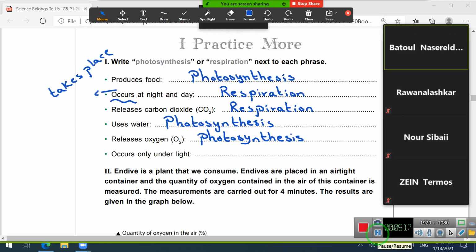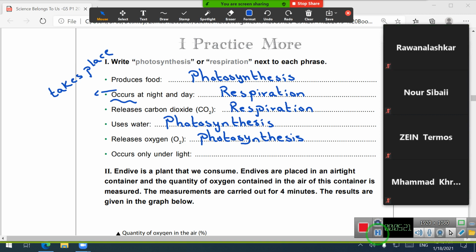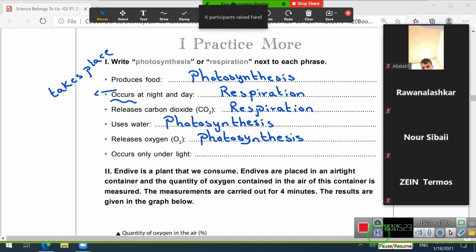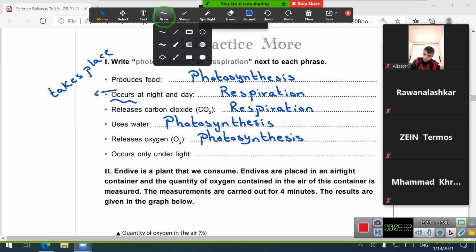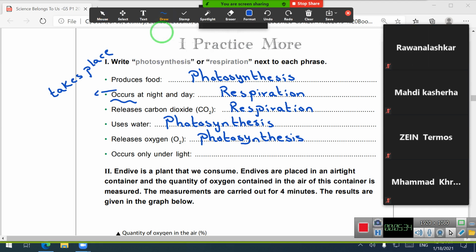Which one takes place only under light? Photosynthesis. Excellent, Noor, mute yourself again. So photosynthesis occurs under light or during the daytime because it absorbs the sunlight.